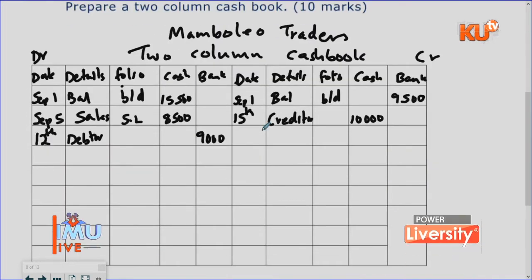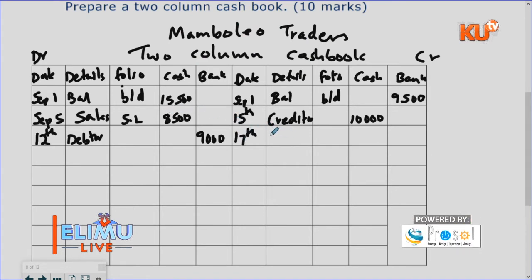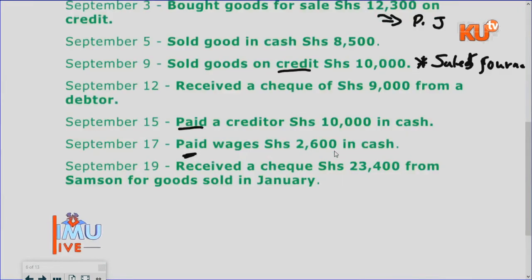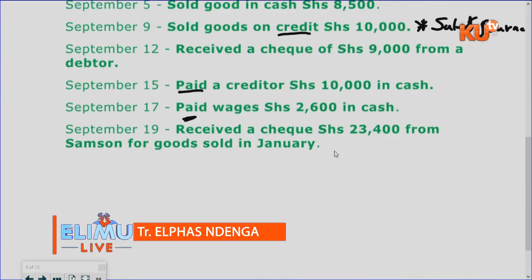That is September 17th. And that is wages. How much? 2,600 in cash.